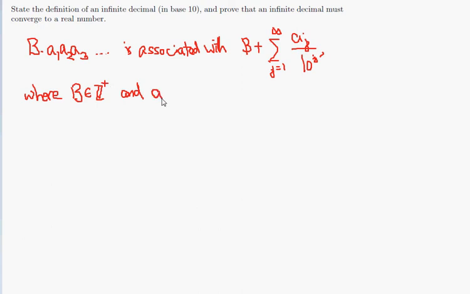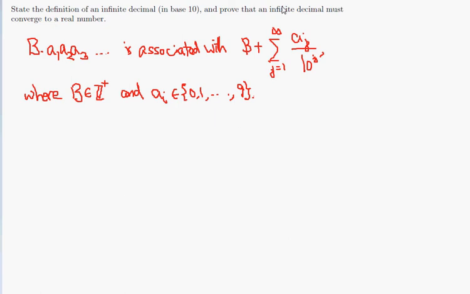And all the a sub i's are integers, and they all lie in between 1 and 9. You'll notice that this is for positive integers. I'll let you think about what the definition would be for a negative decimal. It's not quite what's written on the screen here.